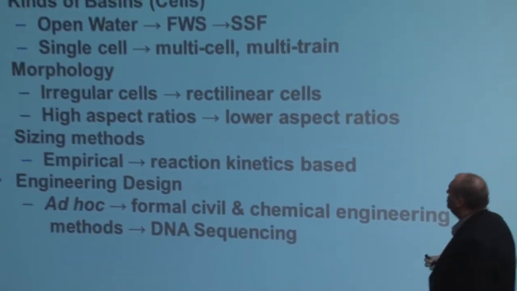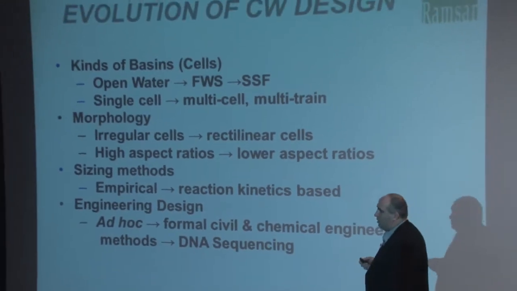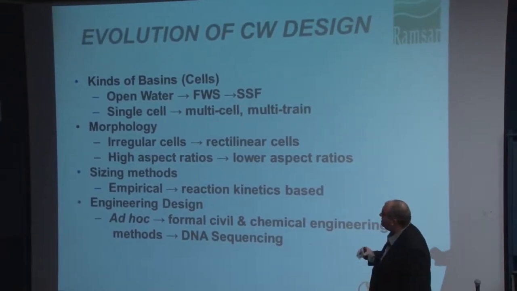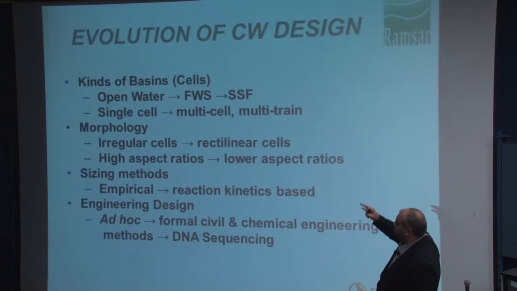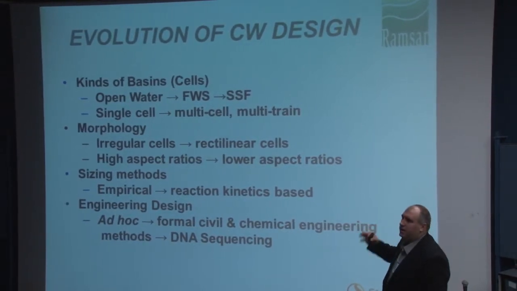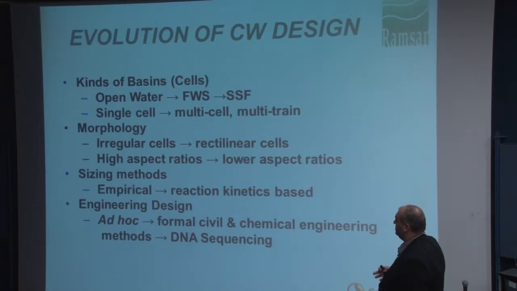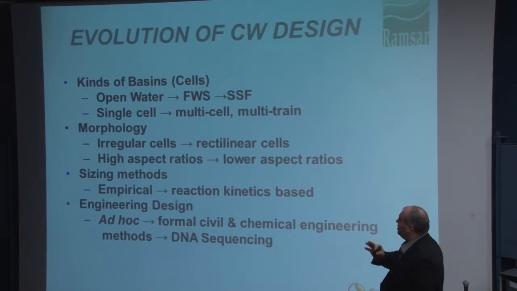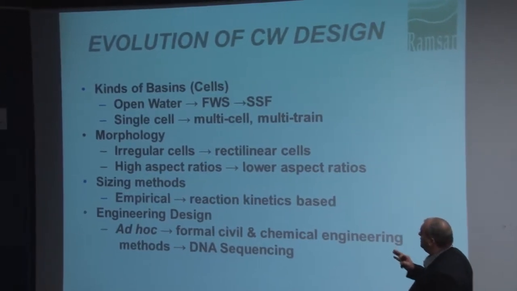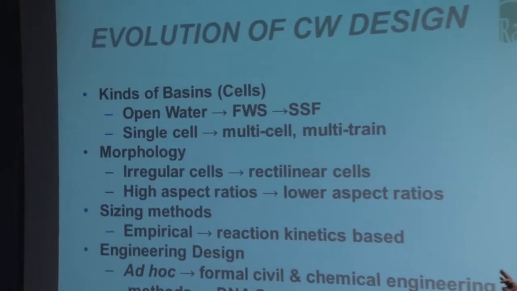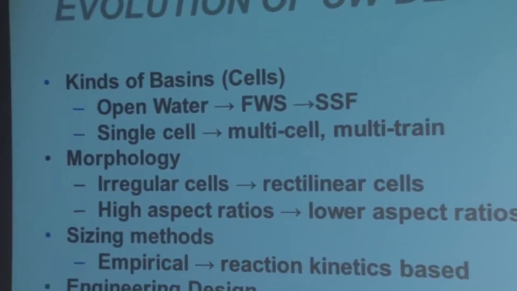So in the evolution of constructed wetland design, what we see is our evolution has occurred over several different areas in wetland design. So we've gone from kinds of basins or cells, from this open water concept or pond concept to free water surface to a subsurface flow environment.